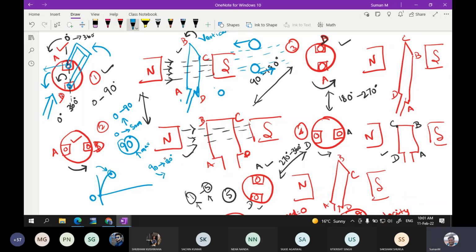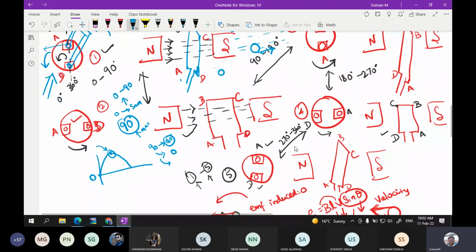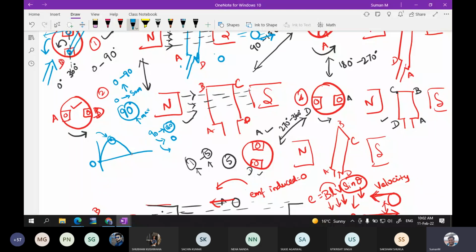At 180 degrees, the EMF induced is going to be 0, because at 180 degrees the conductors will again be in the vertical position, so the magnetic field will be parallel with the velocity of the conductor. Because of that, the EMF induced will keep reducing from maximum to 0, taking this path like this. Then, when the conductor rotates further, I will get a waveform like this.